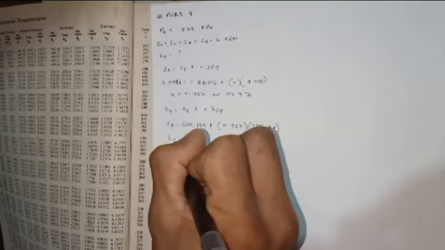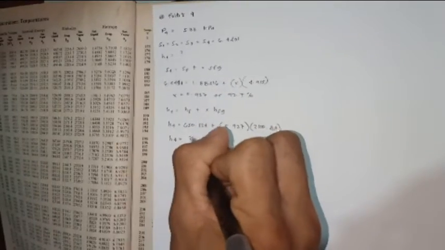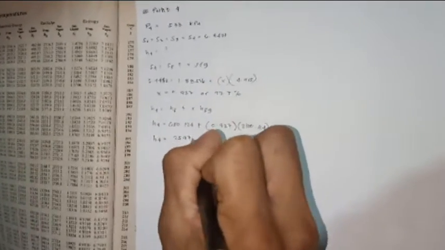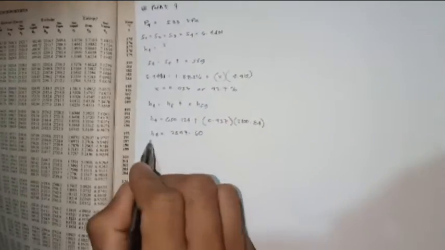So we can get the value of H4. H4 is equal to 2597.60.